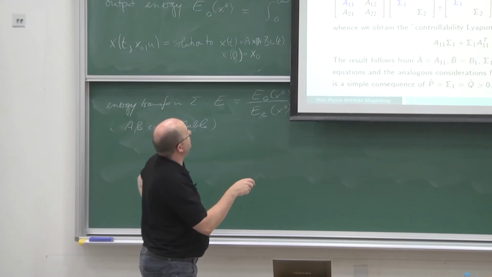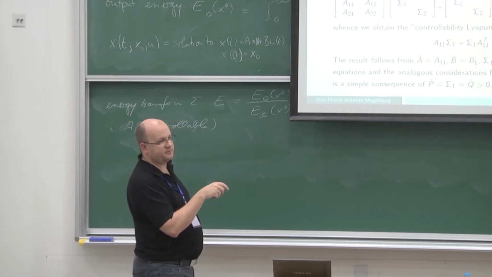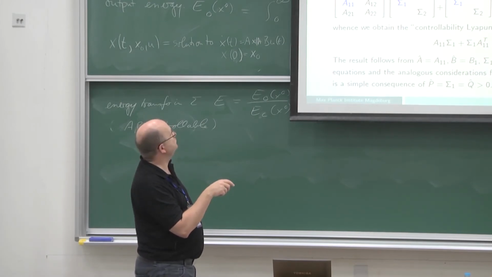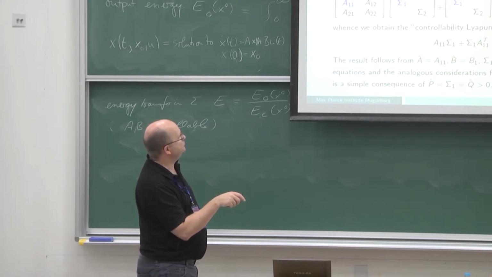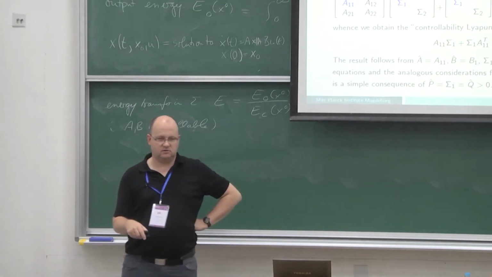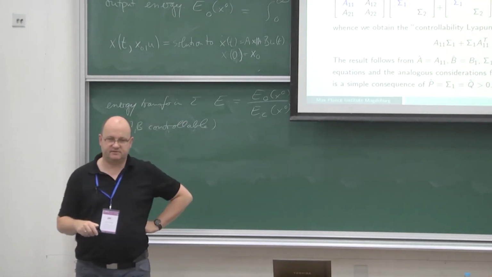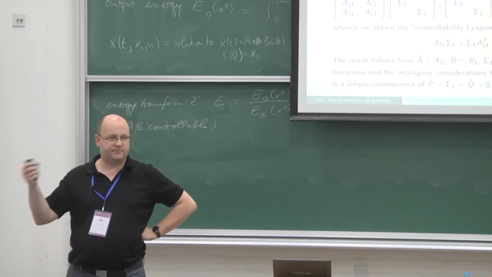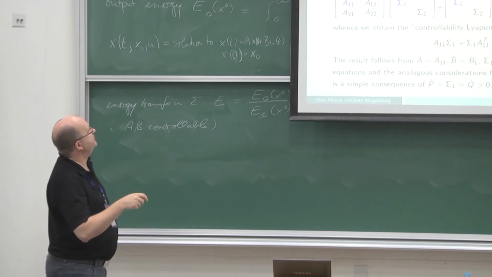Another thing that you can see from this slide is that sigma 2 also satisfies a Lyapunov equation, namely A22 sigma 2 plus sigma 2 A22 transpose plus B2 B2 transpose is equal to 0. So A22 is also an invertible matrix because of Lyapunov stability theory.